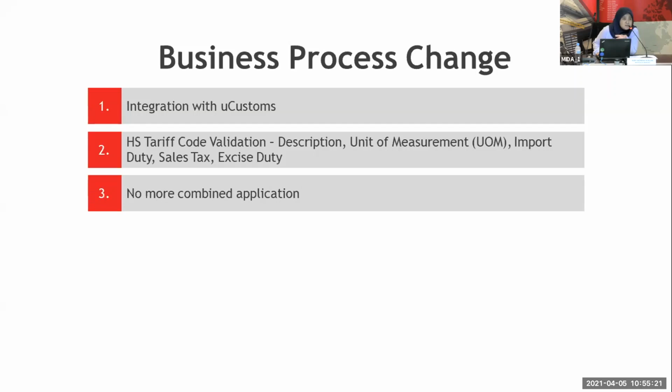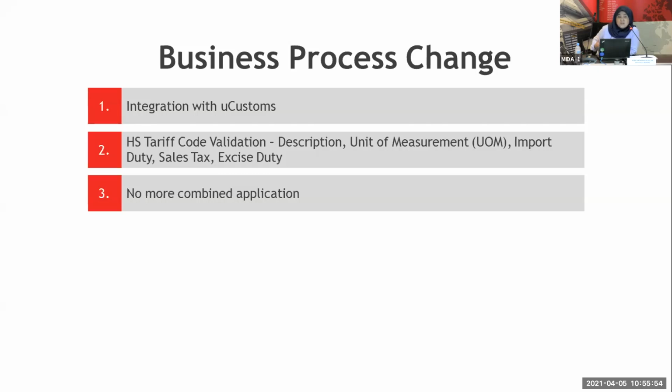Okay, the third one is no more combined application. Previously, in JPC Online, prior to Invest Malaysia, companies could apply for combined applications. For example, they could submit a new application together with an extension application. In Invest Malaysia, this is no longer allowed, so both must be submitted as separate applications.